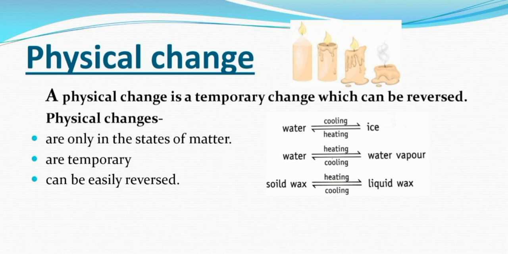If we cool water, it can turn into ice, or if we heat the ice, it can turn into water. So turning of water into ice and ice into water is a physical change, and it is a temporary change. It can be easily reversed. Same with water: on heating water we get water vapors, and on cooling water vapors we get water again.